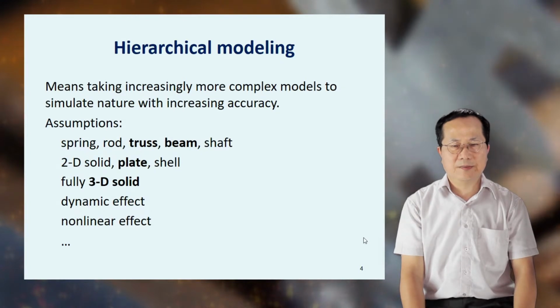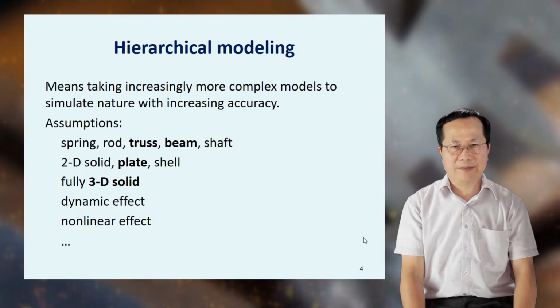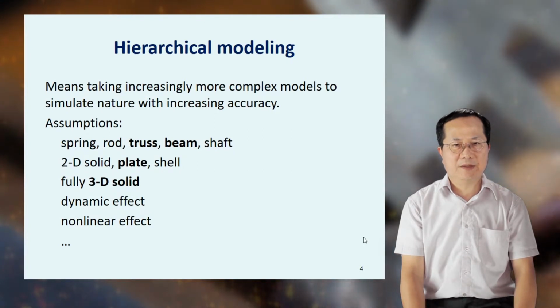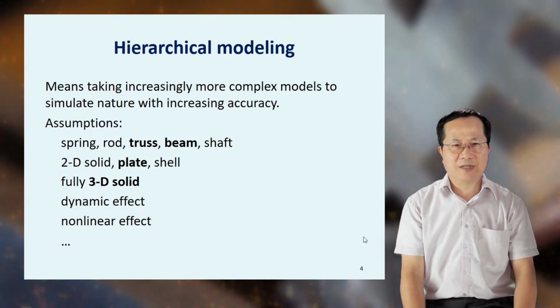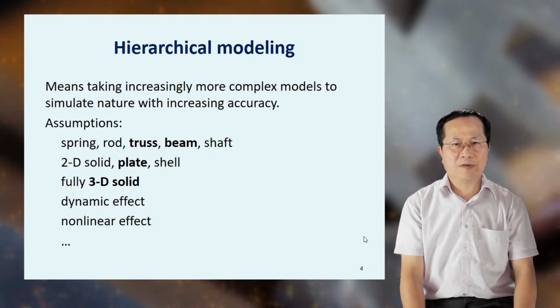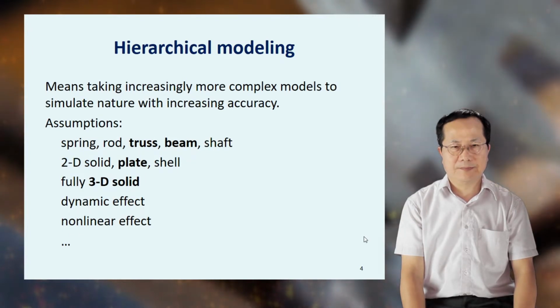In this sequence, we make several assumptions regarding the geometry and the physical effects, such as spring, rod, truss, beam, shaft, frame, two-dimensional solid, plate, shell, to fully three-dimensional solid, dynamic effect, nonlinear effect, and so on. In this lecture, we will focus on structures that could be represented by one-dimensional models.